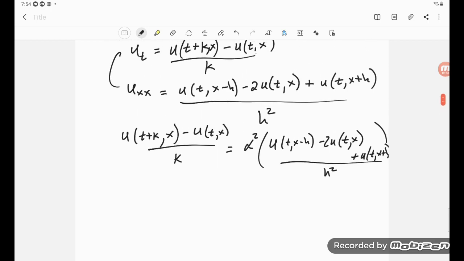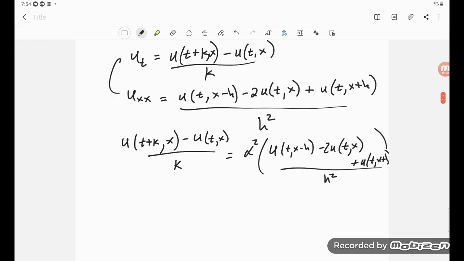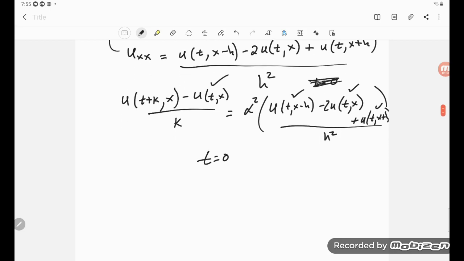Now, here's the thing: remember, if I start at, say, t equals 0, I know that value, and I know this value, and I know that value, and I know that value. I know exactly what those are.